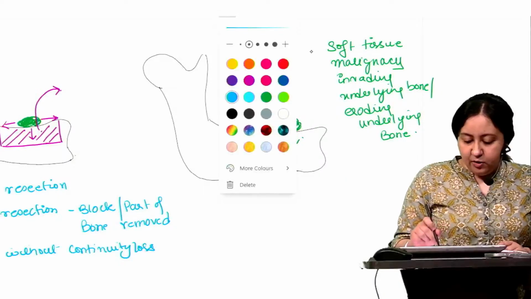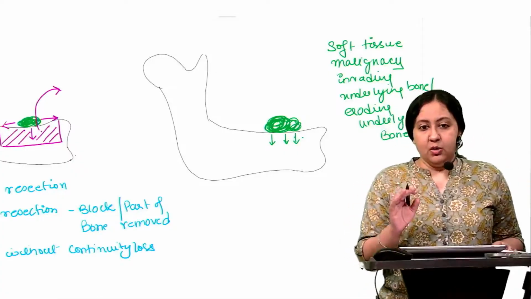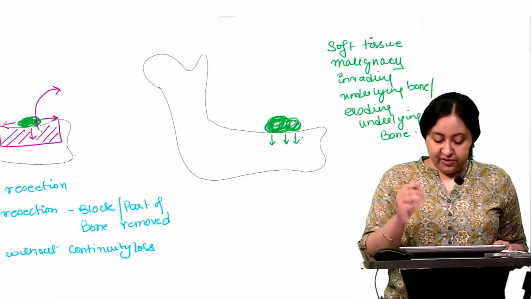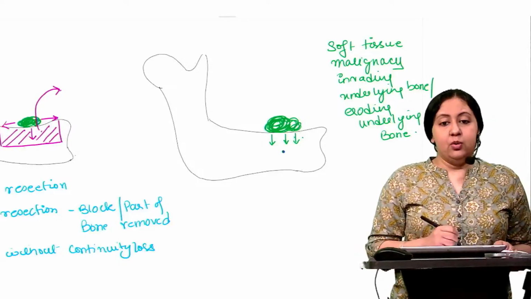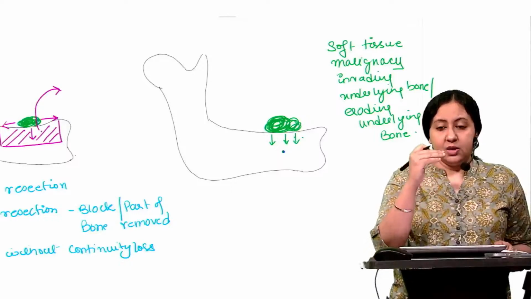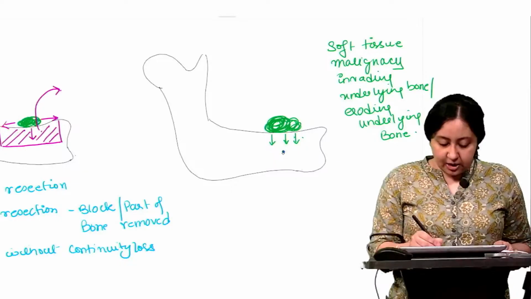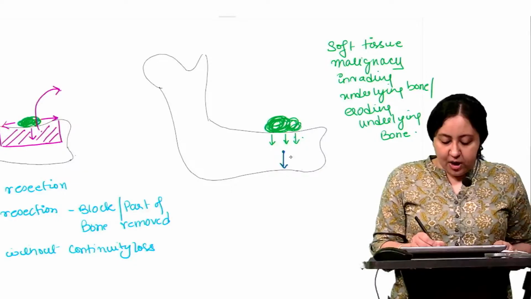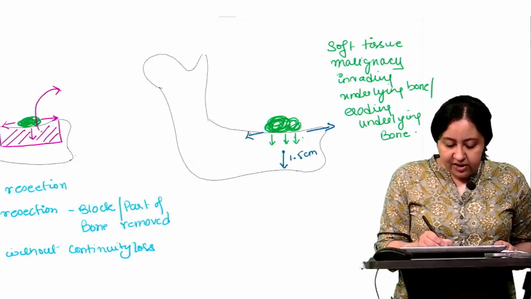wherever you can radiographically see the erosion, or from the point where you can feel that up till this point the invasion or the erosion is taking place, from that point you have to take 1.5 centimeters in every direction.